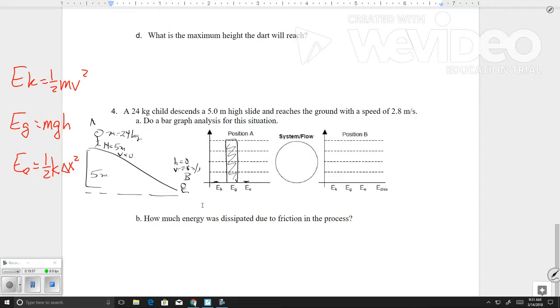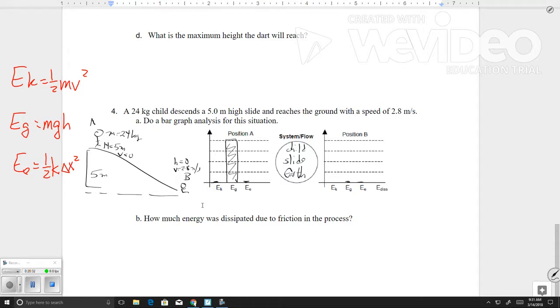Our system is going to be child, slide, and Earth. In position B, there is no height, so no gravitational energy. We're going to have some dissipated energy here, and no elastic energy. So kinetic energy and dissipated energy are going to account for the amount of energy at the end. I don't know how much of each, so I can just guess.